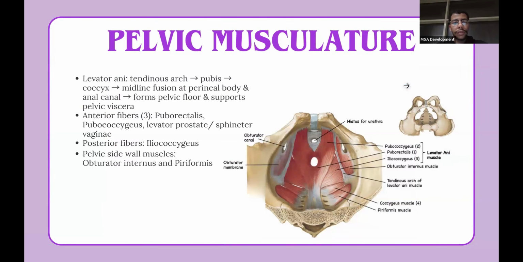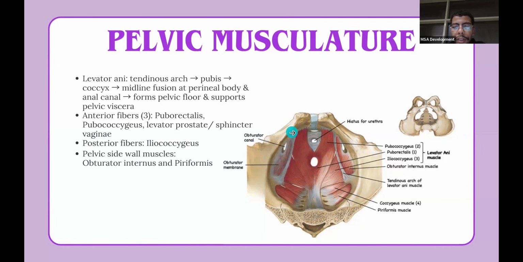Now, here's another slide about them. Make sure you know them very well. And you need to know the different fibers, like the sides. So anteriorly, we have the two puborectalis muscles that sling around the rectum. So these two are anteriorly.